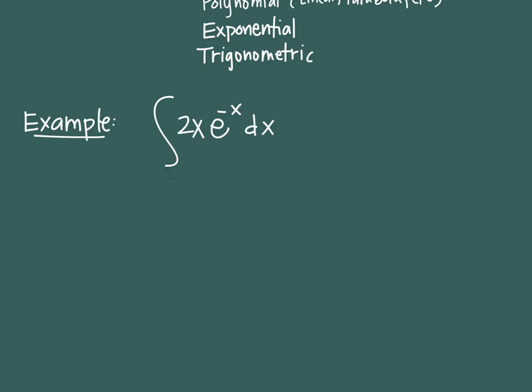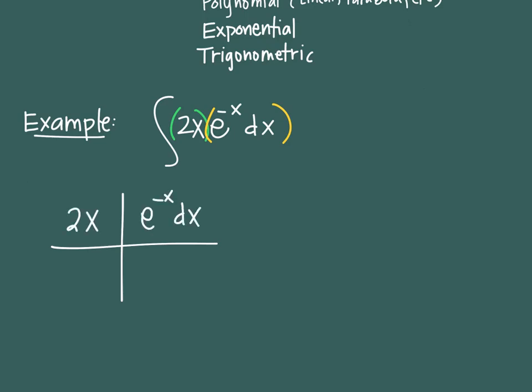We want polynomials first, so we choose u to be 2x, which means everything else is the dv part. So I'll have 2x, and then everything else will be e to the negative x dx.